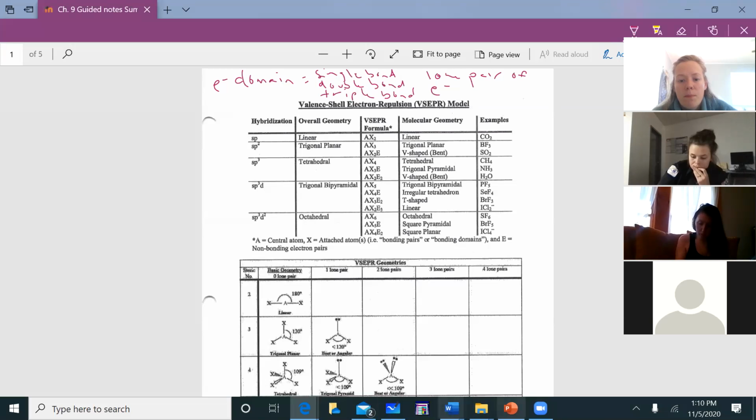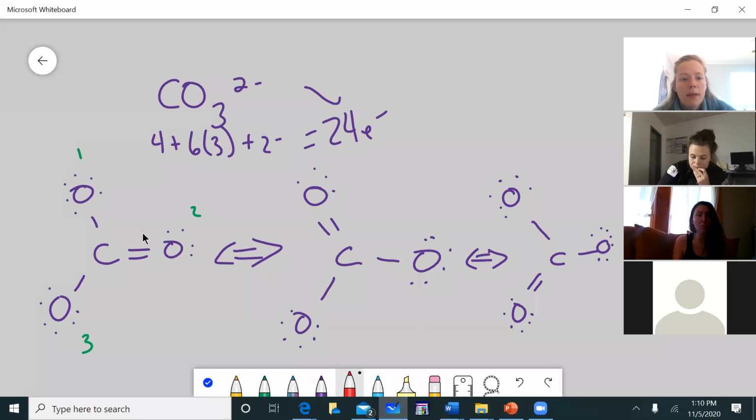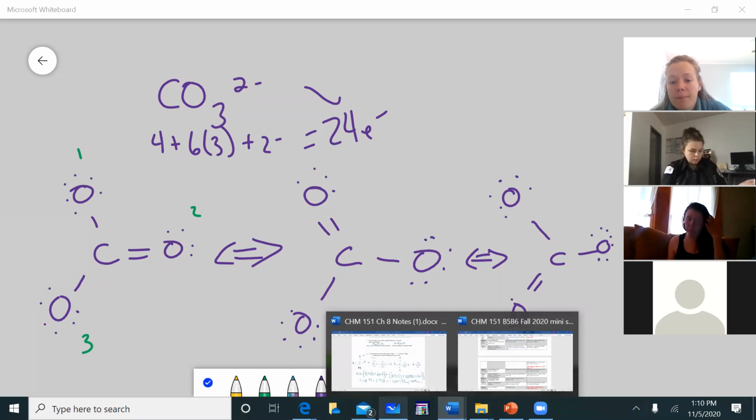So going back to what we had here, if I was looking at this structure and I wanted to say, how many electron domains are there? You're only going to look at what's happening on the central atom because that is the only thing that determines its shape.